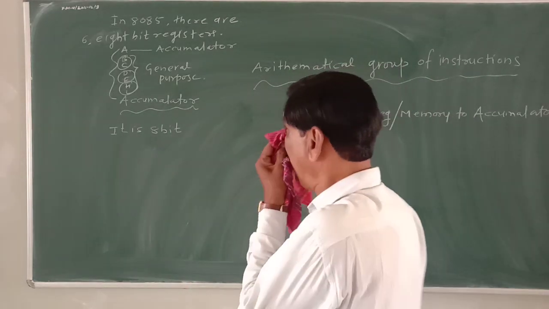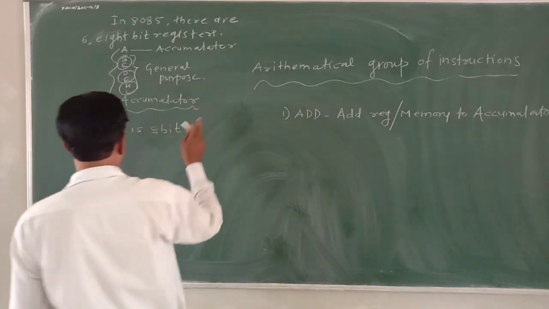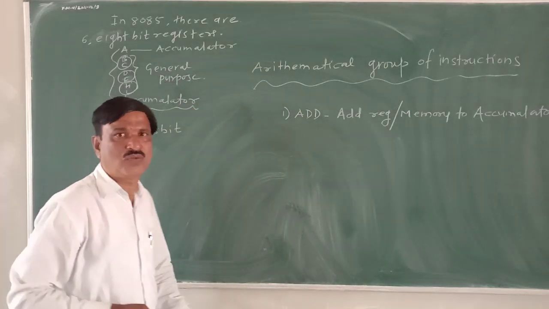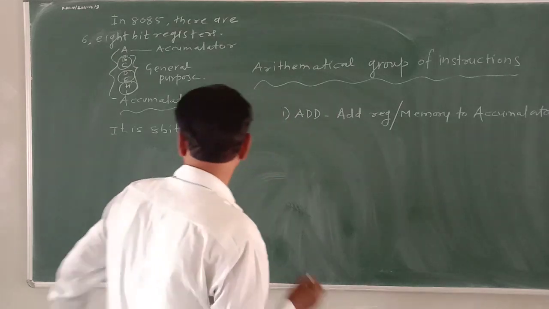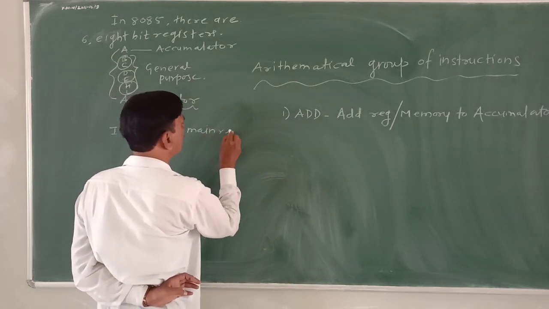Now, more specifically, we are going to see what exactly the accumulator is. It is an 8-bit register. It is the main register.